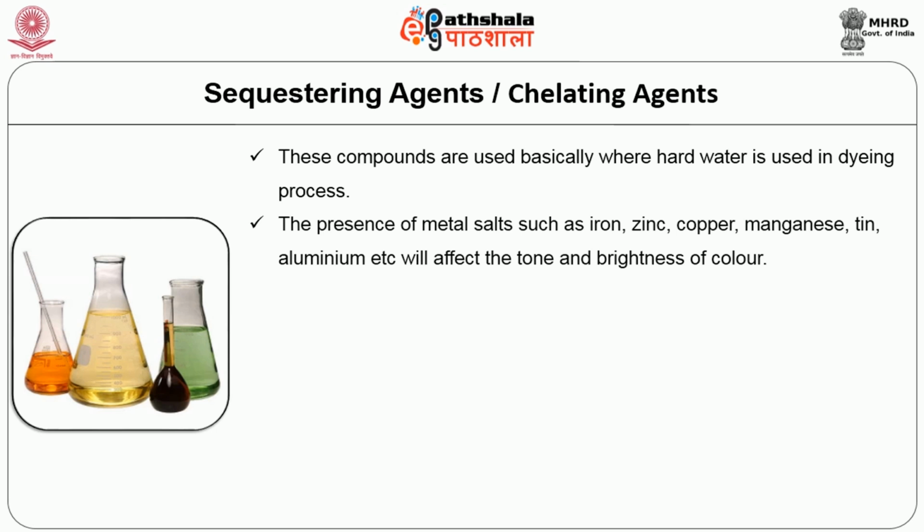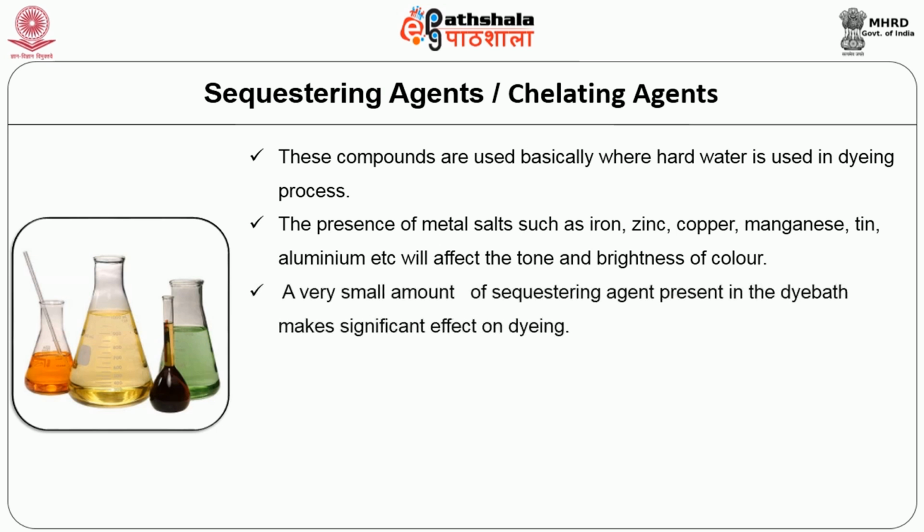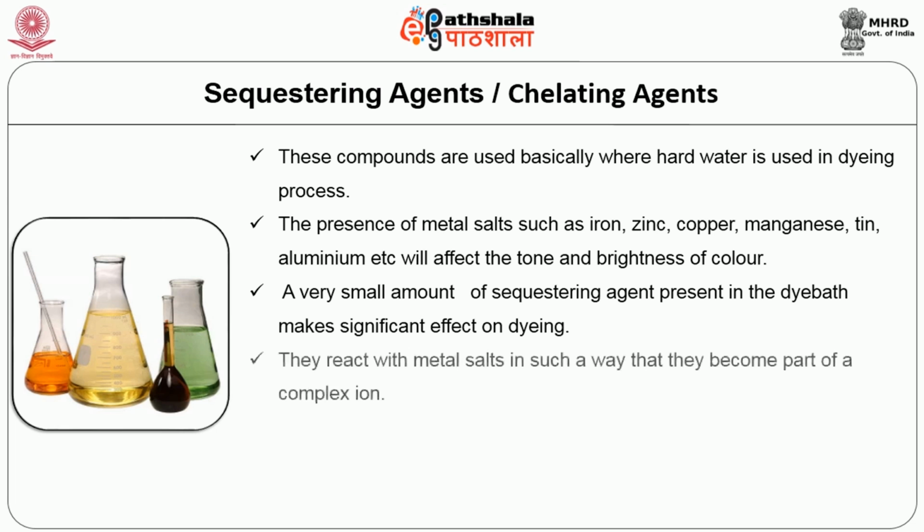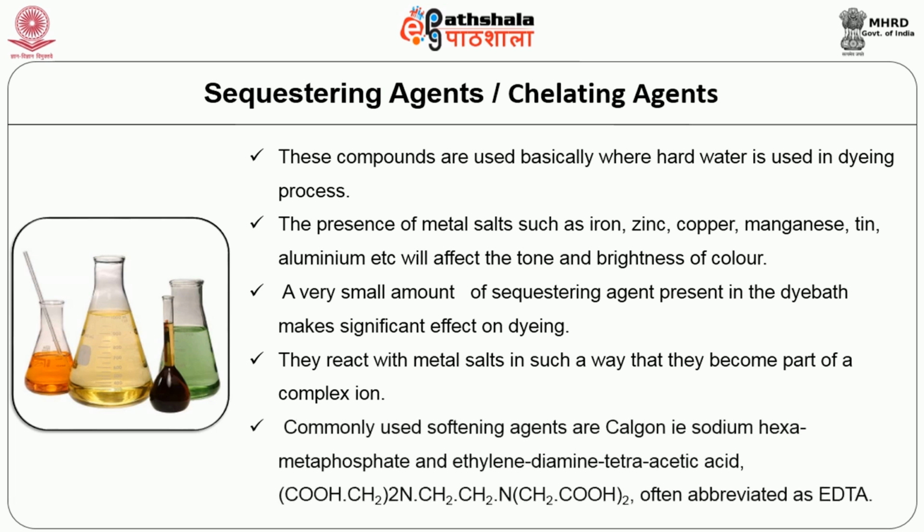The presence of metal salts such as iron, zinc, copper, manganese, tin, aluminum, etc. will affect the tone and brightness of color. A very small amount of sequestering agent present in the dye bath makes significant effect on dyeing. They react with metal salts in such a way that they become part of a complex ion.